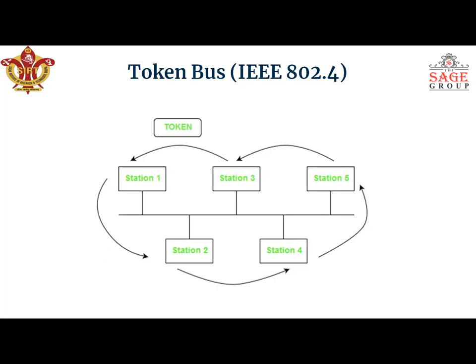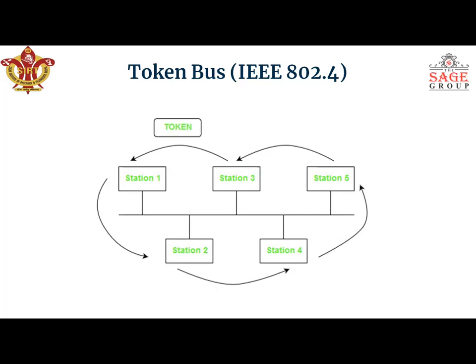The data is passed from one station to another again and again until it reaches the exact destination. Whenever a data packet reaches its exact destination, that station removes the data packet, gathers the data, generates a new token, and again puts that new token in the logical ring.